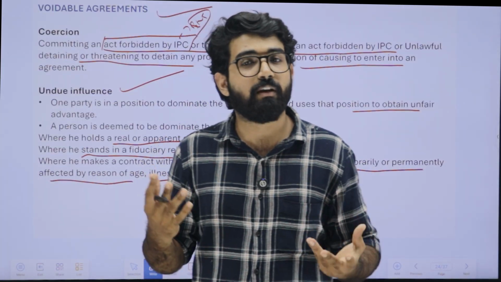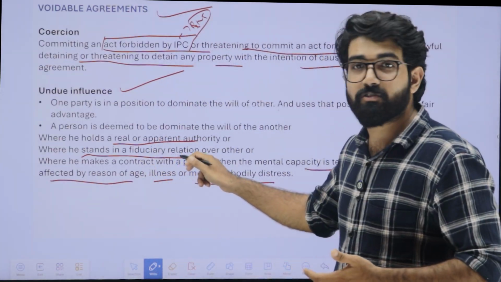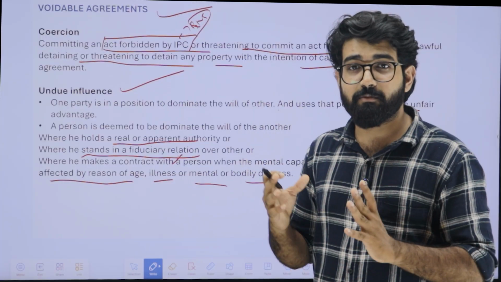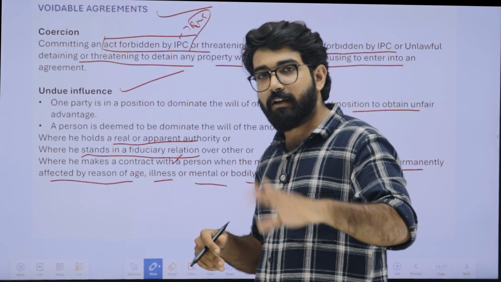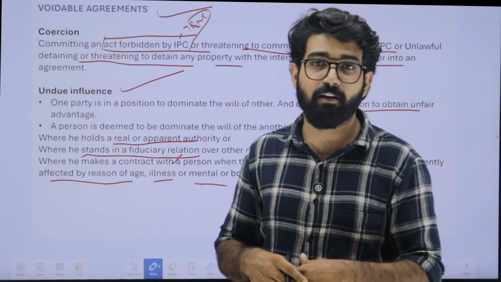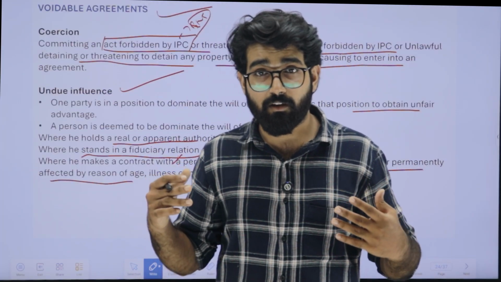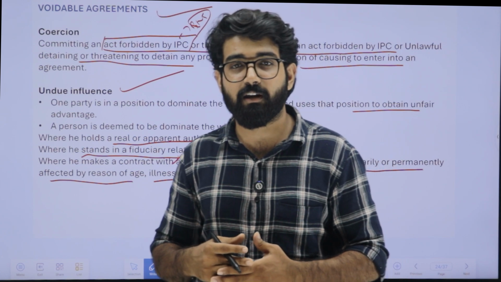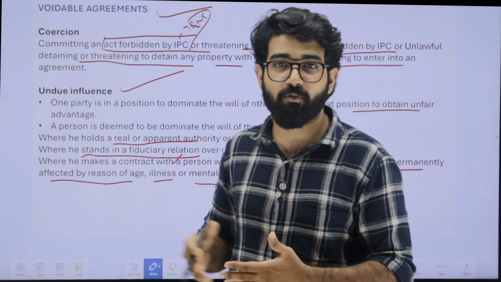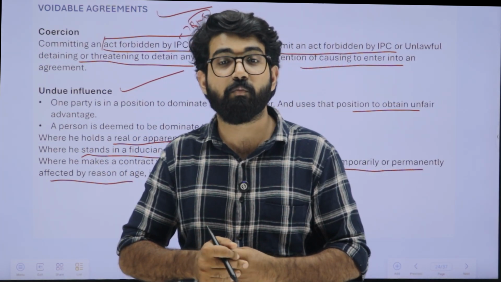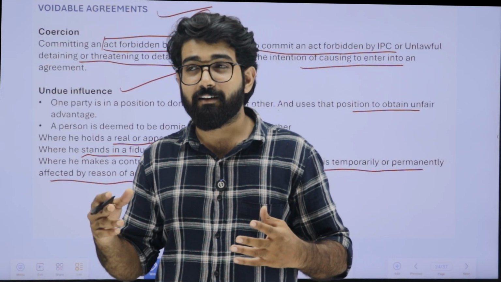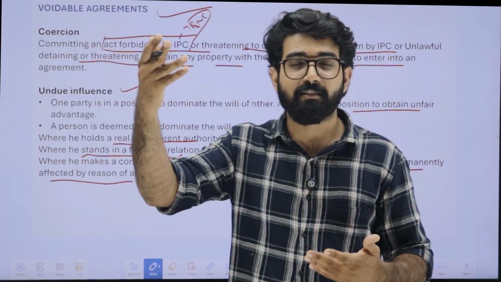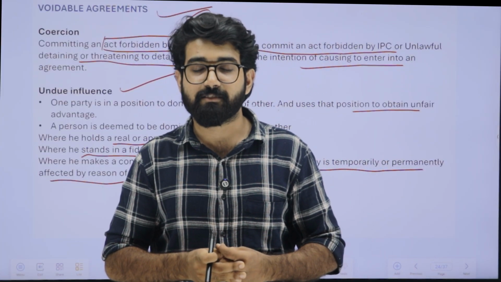Then fiduciary relationship. What do you mean by fiduciary relationship? Fiduciary relationships are relationships based on trust, like advocate-client relationship, doctor-patient relationship. The abuse of fiduciary relationship, that is undue influence in fiduciary relationship, is more commonly seen in the Swami Guruji idols and their followers cases.